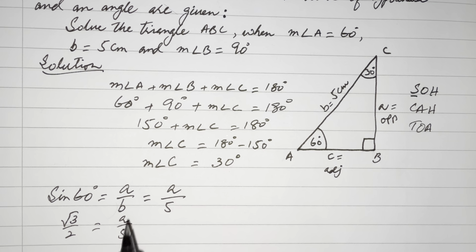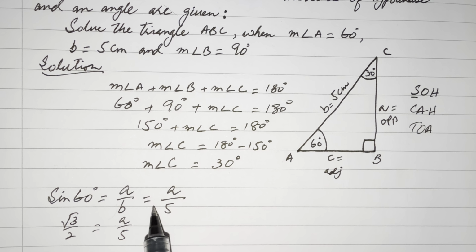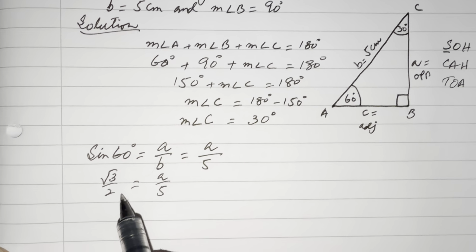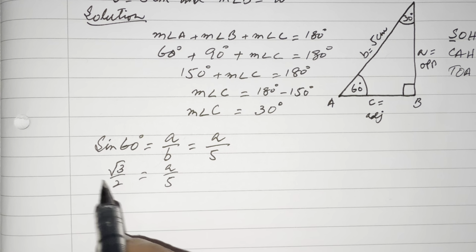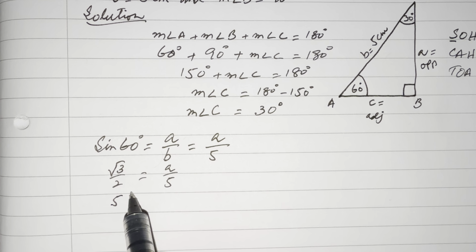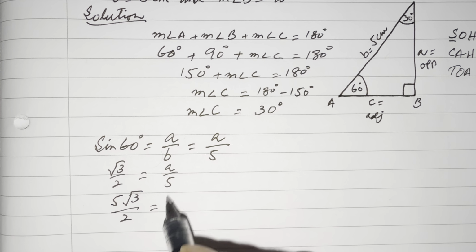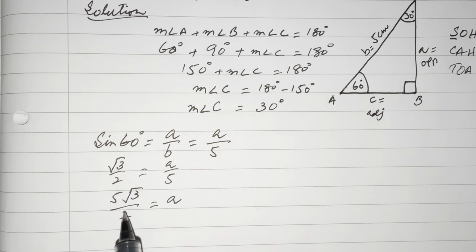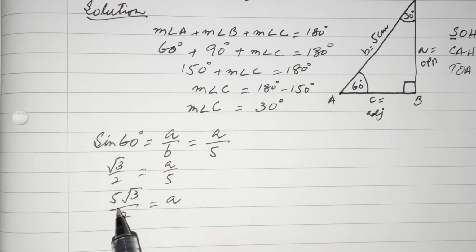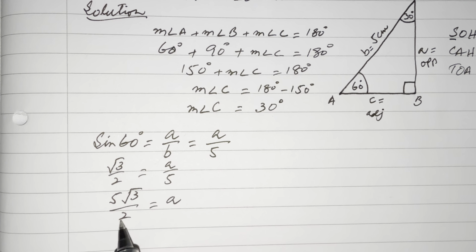So now take this 5 from the right hand side to the left hand side, so that can be written as 5 under root 3 divided by 2 is equal to A. Now you can see that this value is a fraction with the under root sign, so with the help of the calculator we can solve this.